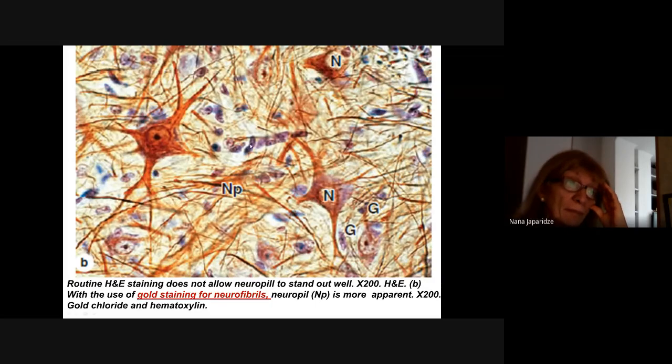Plus to this hematoxylin eosin staining, gold chloride staining is also used, because with gold chloride staining we can see not only cell bodies, but also their processes. So these neural processes are here clearly visible. So these are neurons. And you see here the dendrites.